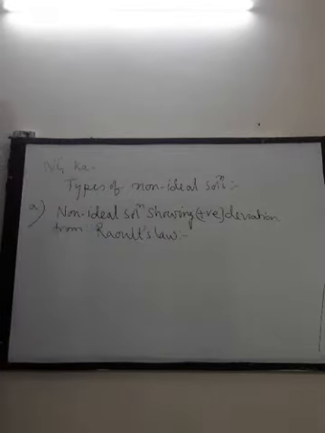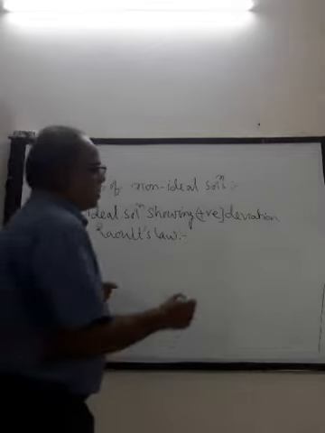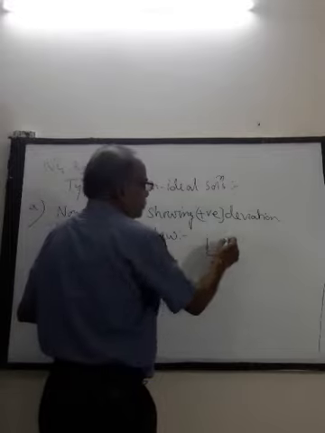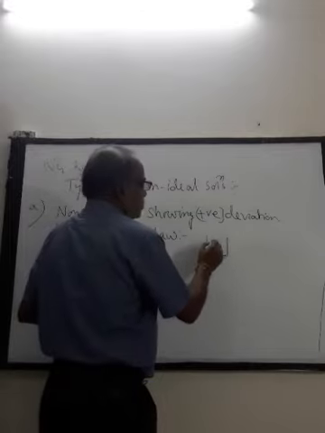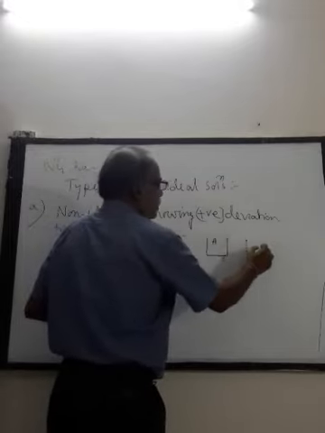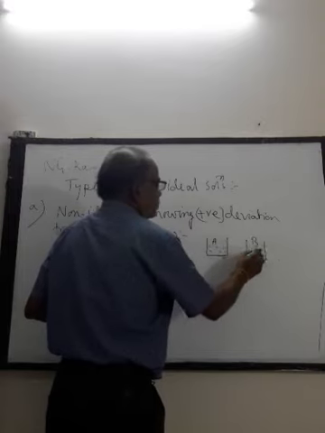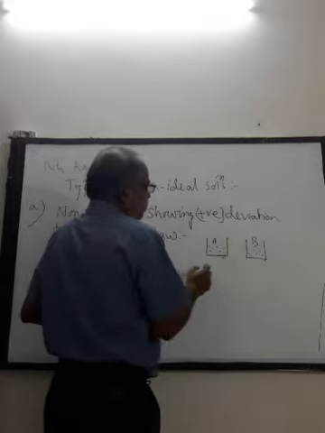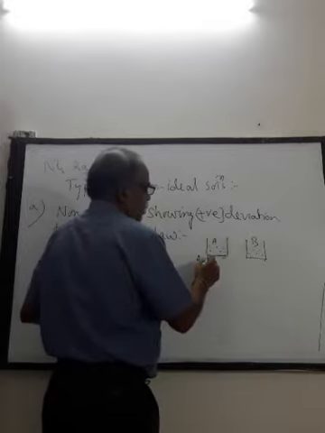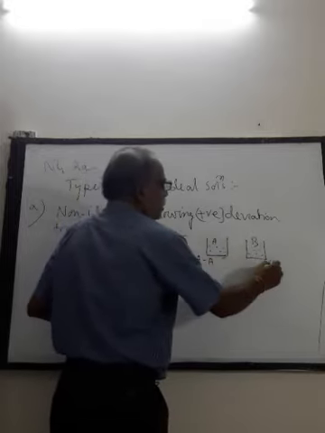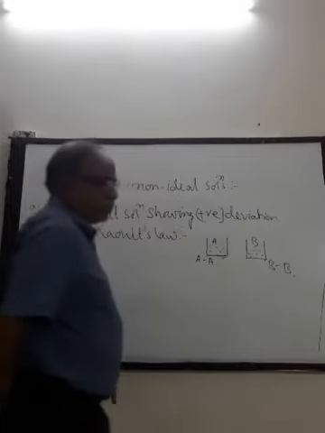So first we start with non-ideal solution showing positive deviation from Raoult's law. Again here we consider two liquids, one A and another B. Before mixing, here AA interaction and here BB interaction.